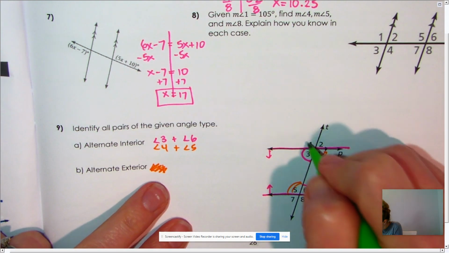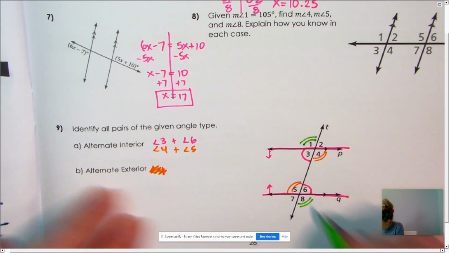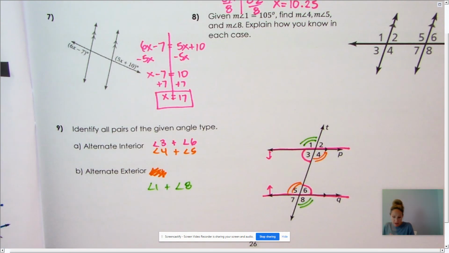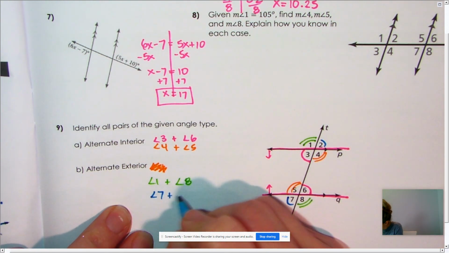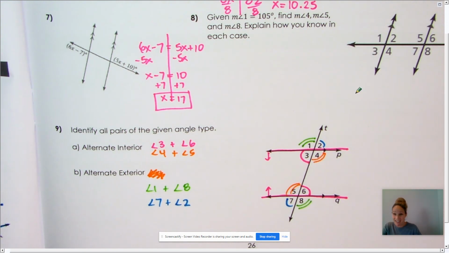And I would say 1 would go with 8. So angle 1 and angle 8. And then I would say number 7 is going to go with number 2. So angle 7 and angle 2. So those are the pairs of the alternate interior and alternate exterior angles. And that is it for your notes and homework for section 2.2.